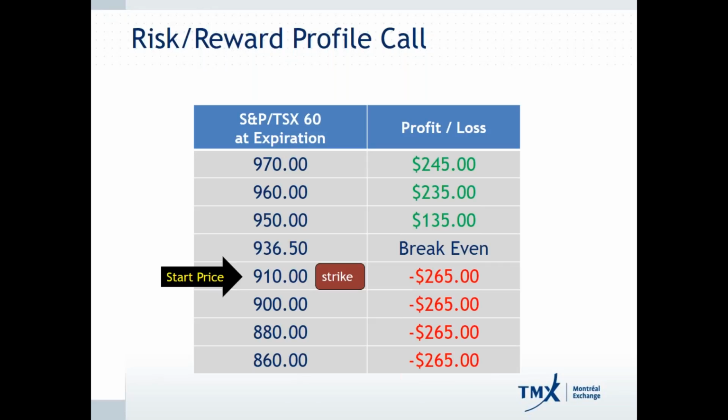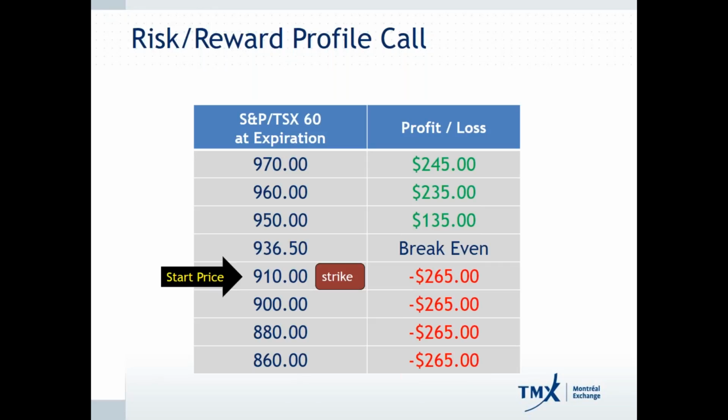So you can just kind of see here how as the index drops in value, our maximum risk stays the same, but as the index increases in value, that's where we have the opportunity to profit. And that profitability is unlimited up until the point of expiration, in which case the option contract would be settled for its intrinsic value.